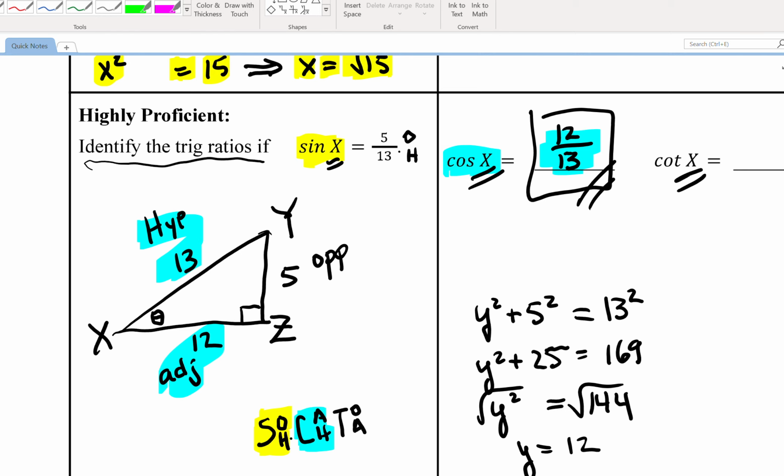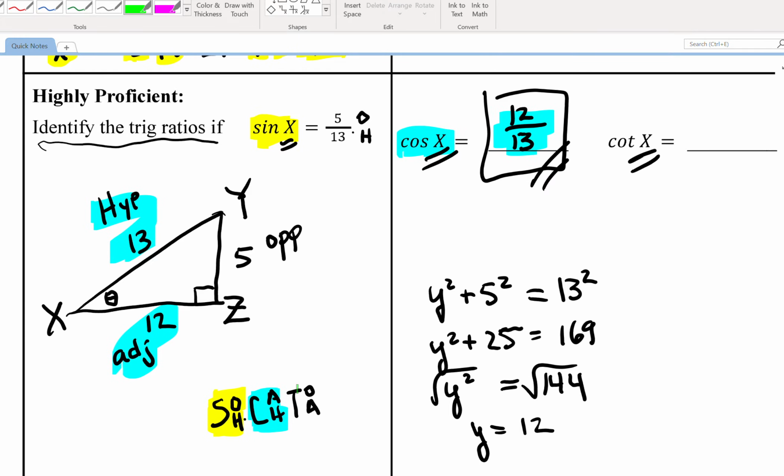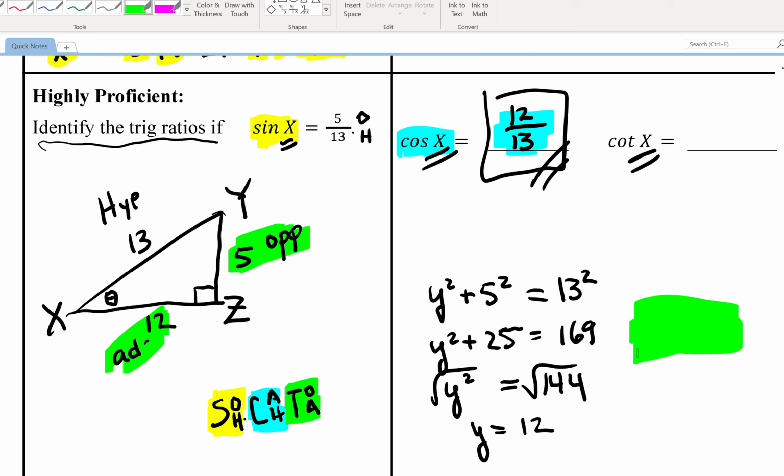The cotangent is the opposite of the tangent. TOA. Not the opposite, it's the reciprocal. Sorry, the reciprocal of the tangent. And since the tangent is O over A, that would be 5 over 12. Let's just write that over here to the side.